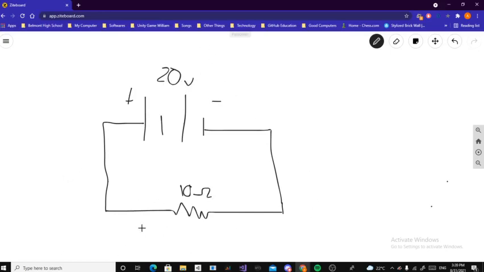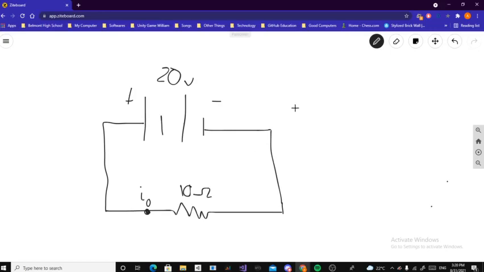We can calculate this, and how you'll see it if you're solving a question is you might see a point here, and it'll give you I or V or R, whatever they want you to solve. Here, we want to know the current for this circuit.